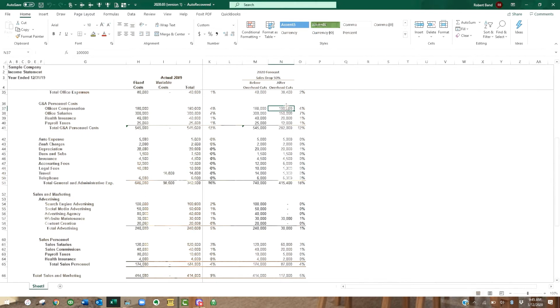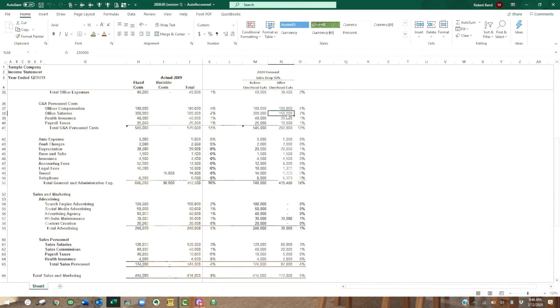So here I did cut officers' comp, and I cut office salaries in half. Again, if sales are down, then it probably means less sales invoicing, less collections effort, and this may require that employees whose duties are shrinking because sales have shrunk now have to take on other duties, and that may mean less personnel.